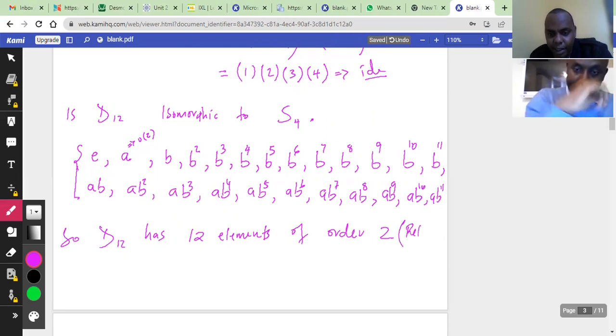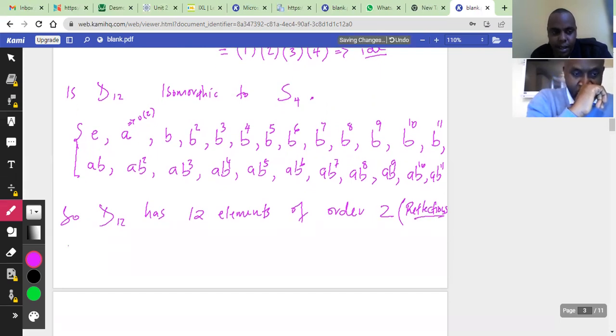These are reflections. And so it has 12 elements of order 2. And it's going to have 11 rotations.